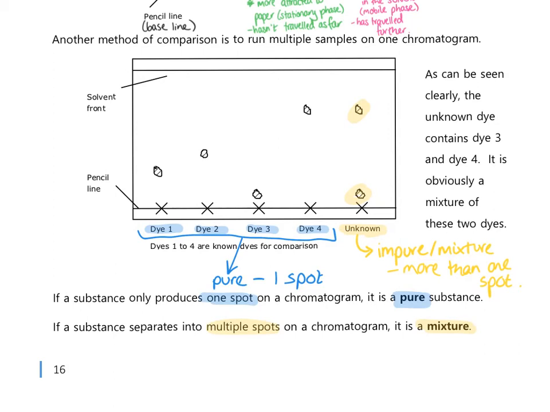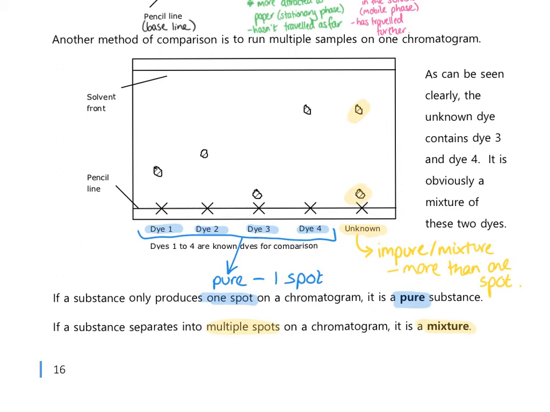So certain substances will have the same RF values in a given solvent. So even if I run the solvent up further, it will give me that same fraction value, that same RF value. So you can see by comparison that this spot matches up with this spot.